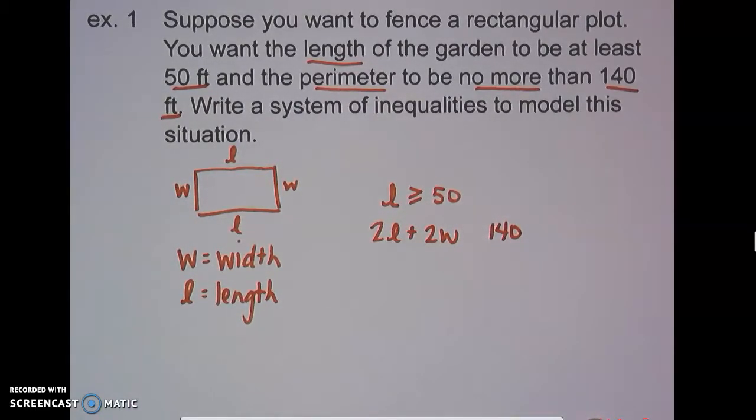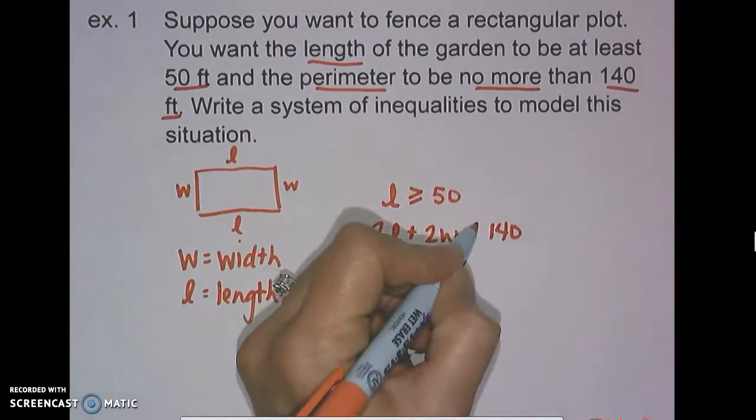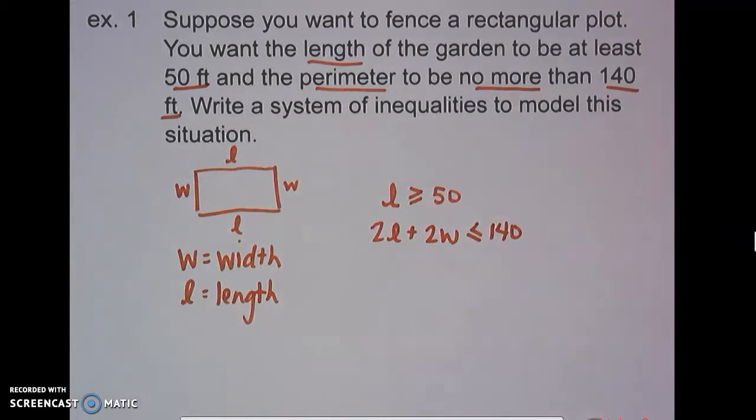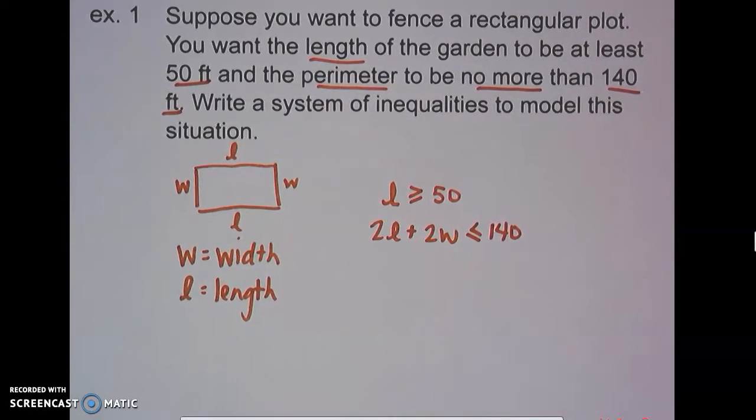No more than, we need to know, can we have more than 140, exactly 140, or less than 140? So we want our perimeter to be less than or equal to, because we want it to be no more than 140 feet. So that's your system of inequalities. We don't need to do anything else other than that.